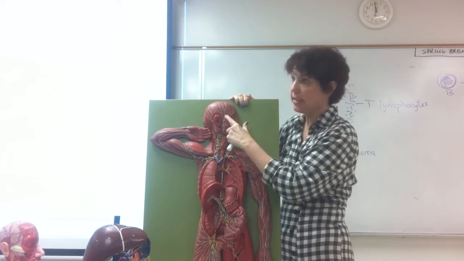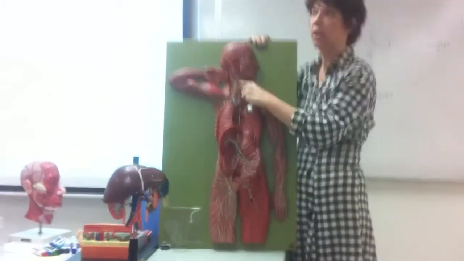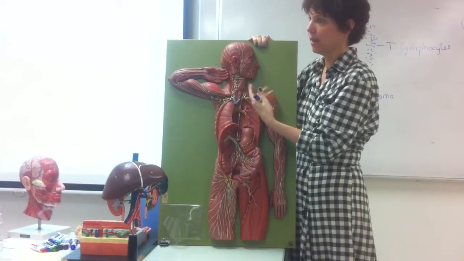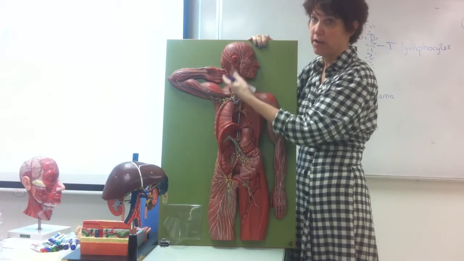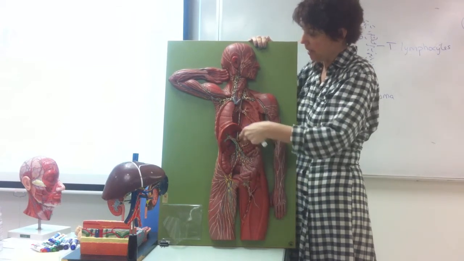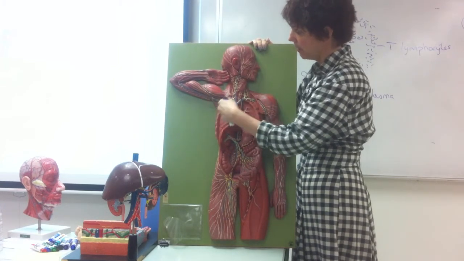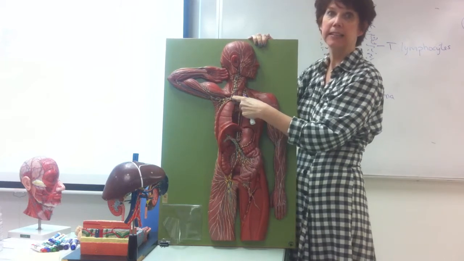Now, a diagram on the board. It then has to filter through the lymphatic cells, the lymphocytes, and then it leaves the lymph node and passes through lymphatics to another lymph node, where it goes through that process again. So this is going to happen over and over as it makes its way from the lower extremities up the thoracic duct, or from the right side of the head, chest, and arms into the right lymphatic duct.